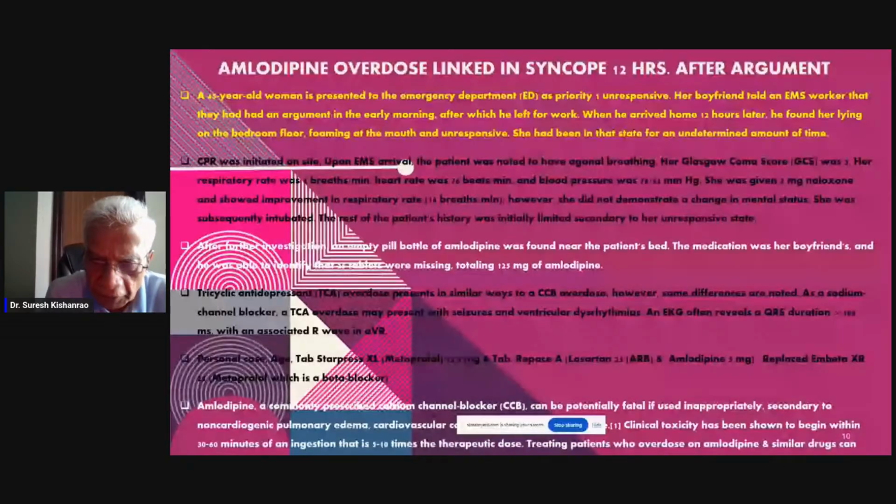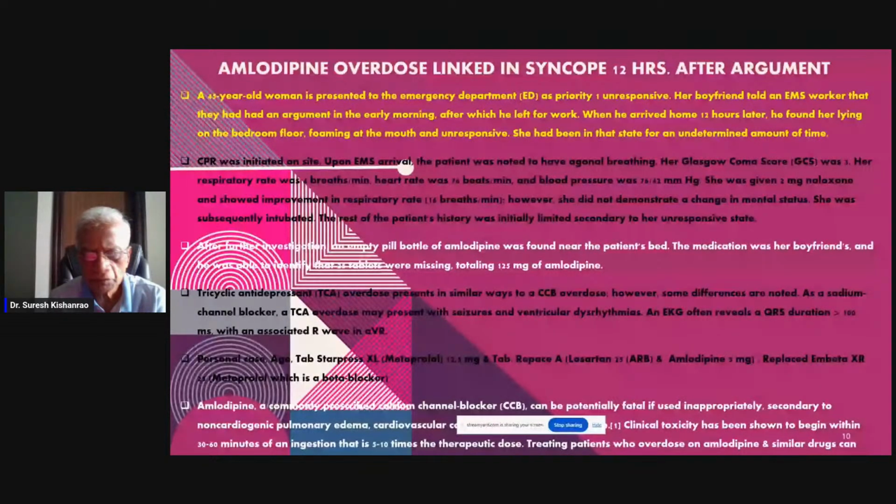So amlodipine is known to cause this; for example, I personally use amlodipine tablets. Sometimes if I sit down and get up, I do feel a little of what we call dizziness.